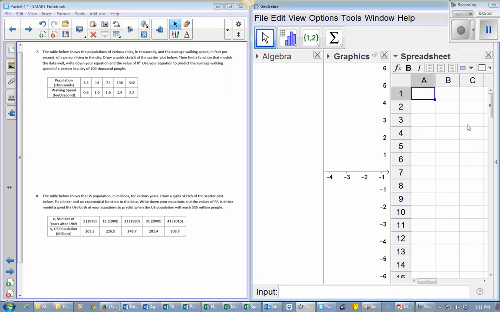There we go. Okay. So population 5.5, 14, 71, 38, and 342. And then walking speeds are 0.6, 1. These are feet per second, by the way.